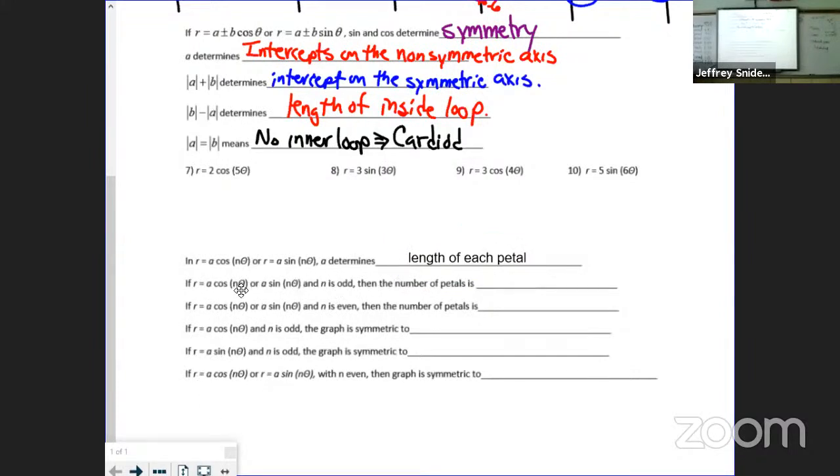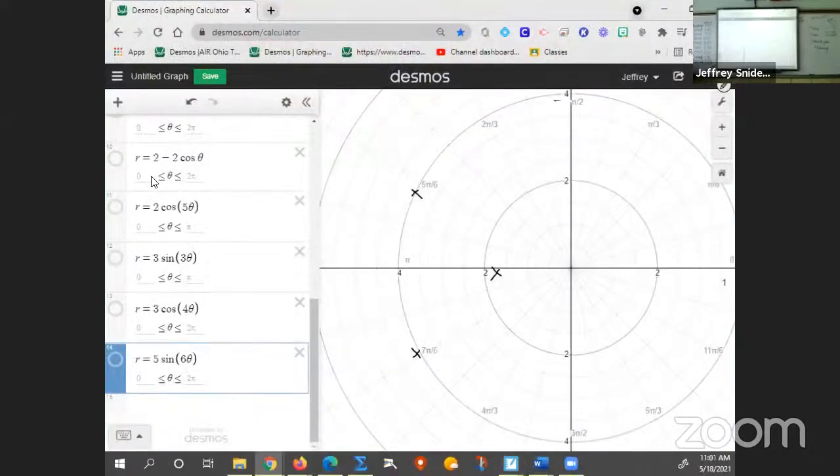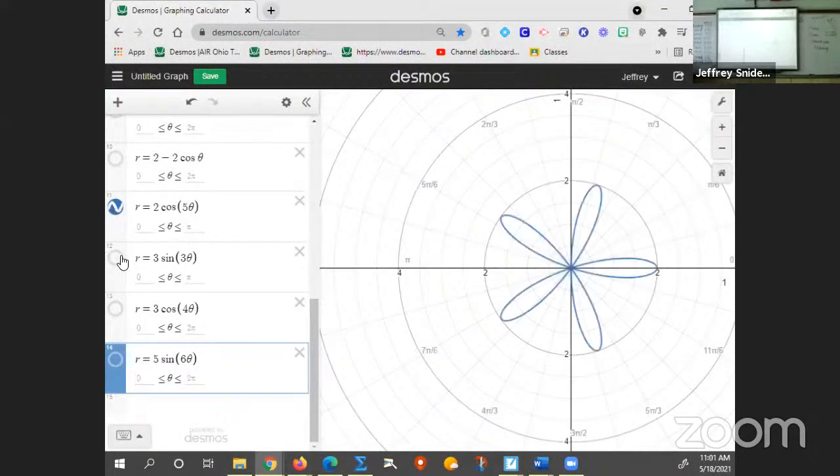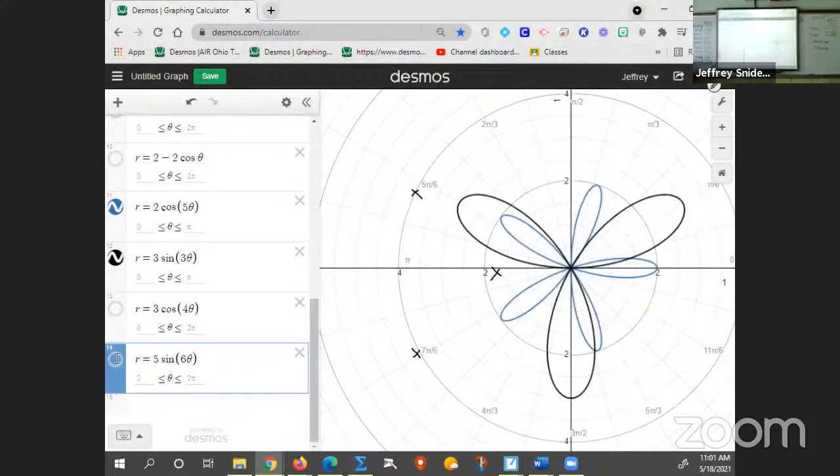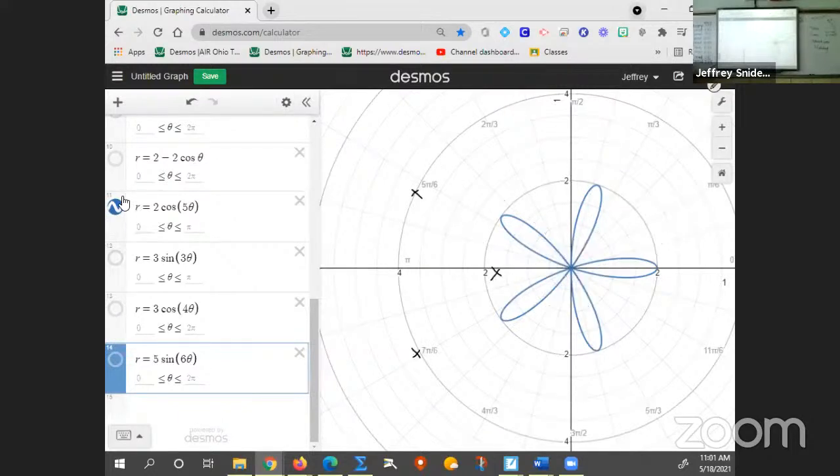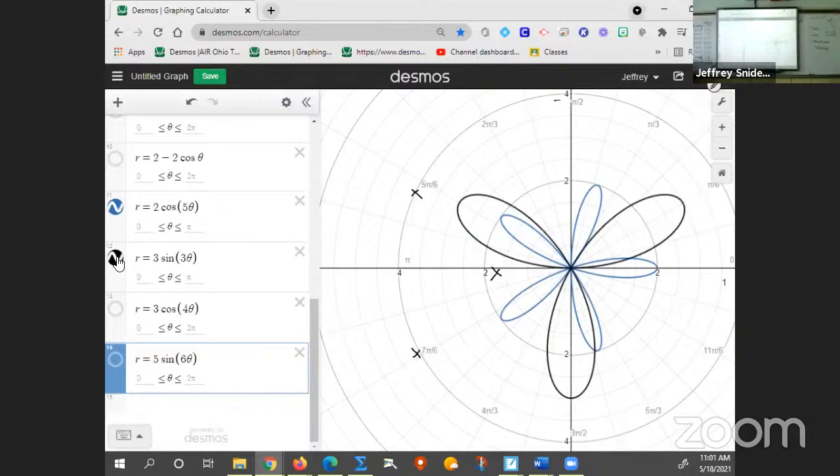Next one. It says if it's cosine or sine and n is odd, then the number of petals is. So let's go back and look at this. I need n to be odd. So that would be this one here, and that would be this one here. How many petals does the blue one have? 5. How many petals does the black one have?